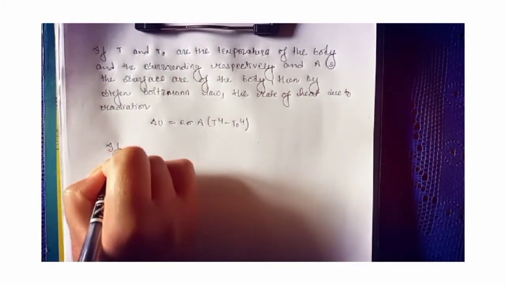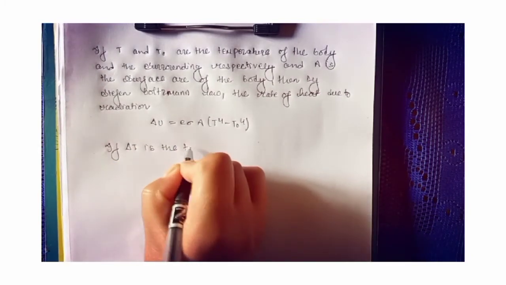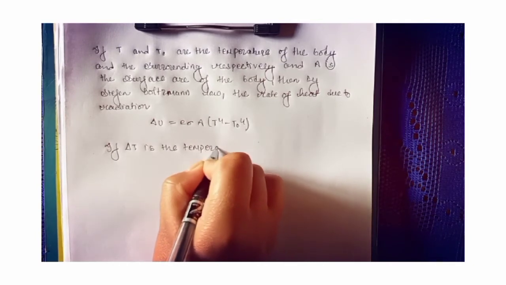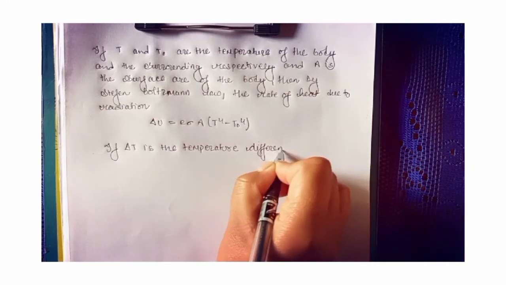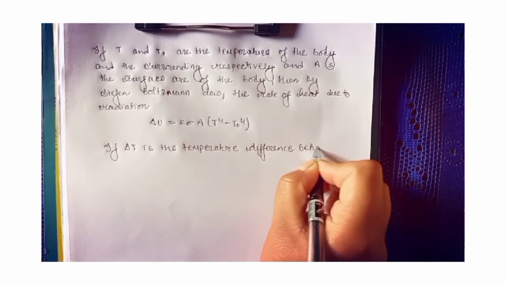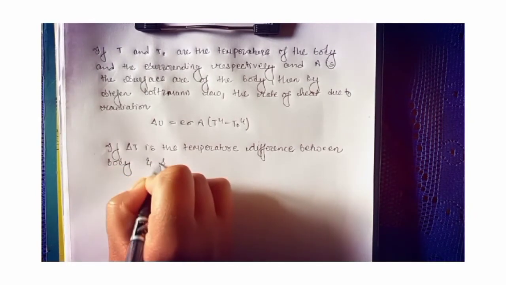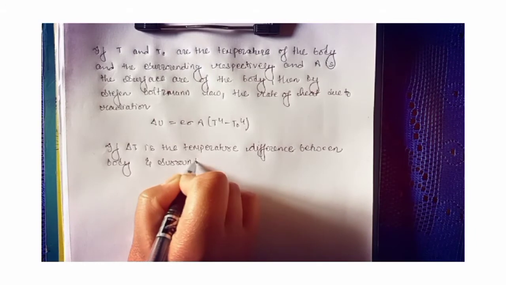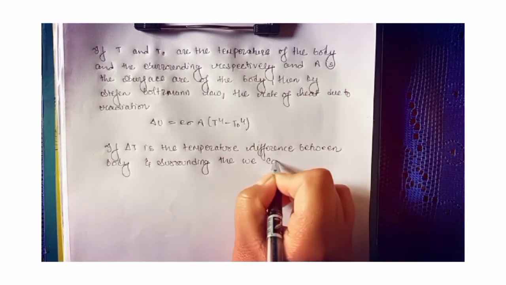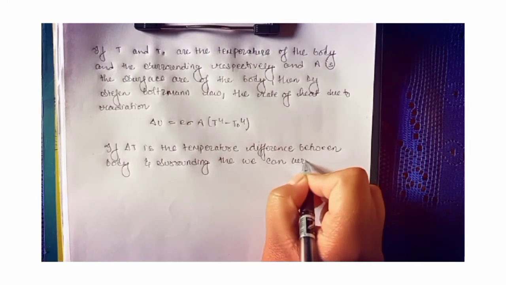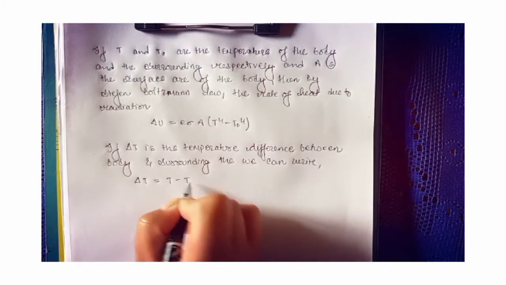If delta T is the temperature difference between body and surrounding, then we can write delta T as T minus T naught.